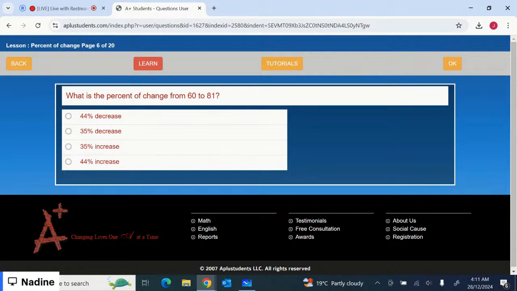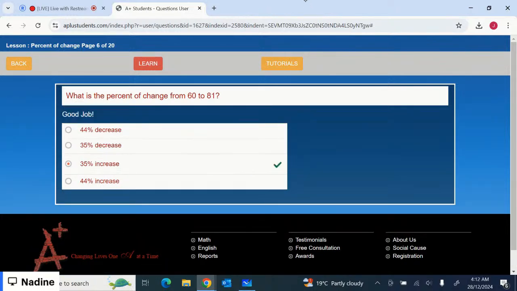So 60 to 81, 21 divided by 60, that is a 35% increase. The correct option is 35% increase. Option number 3 is the correct option.